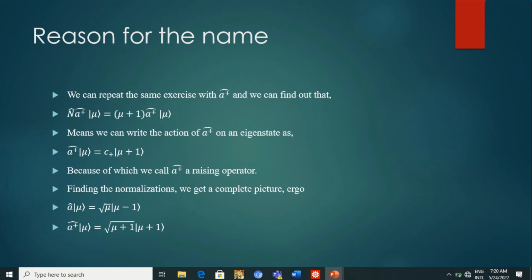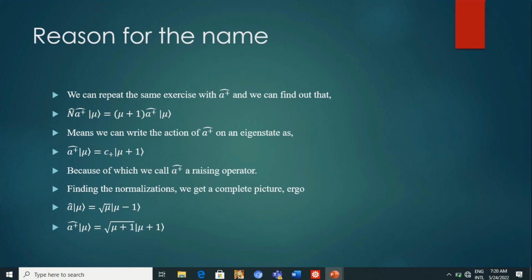You see, it lowers the eigenvalue of your system by 1. Similarly, your raising operator does the same. So it climbs up or climbs down one ladder at a time on your energy eigenvalues, and because of that we call it the ladder operator.